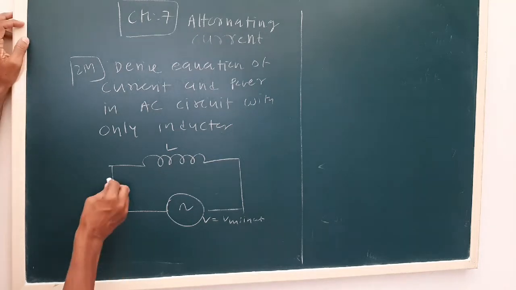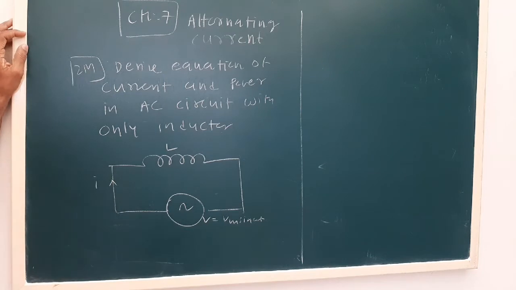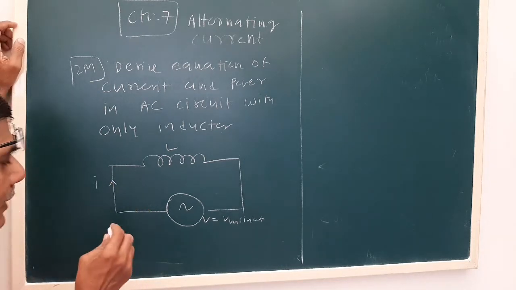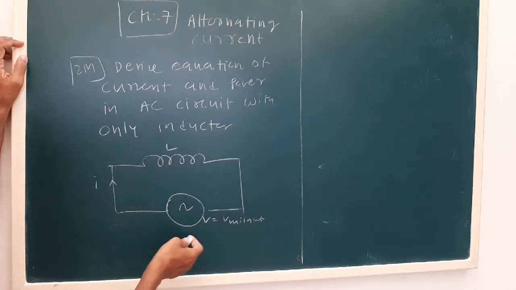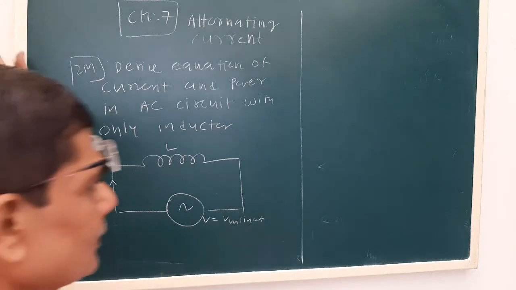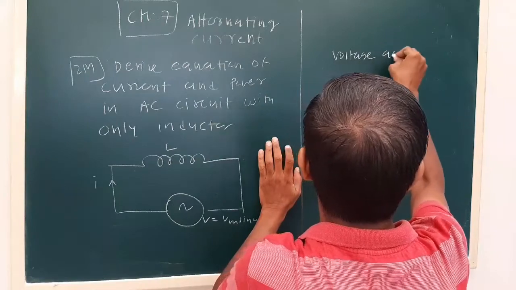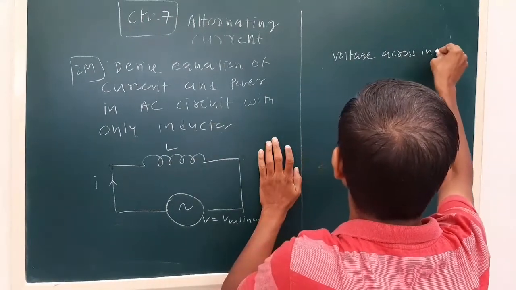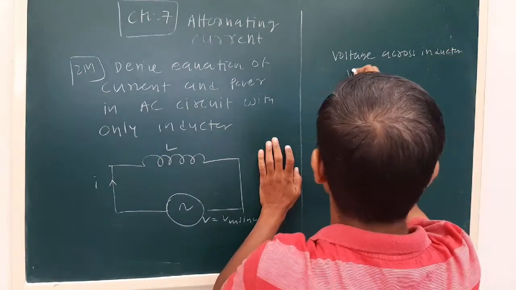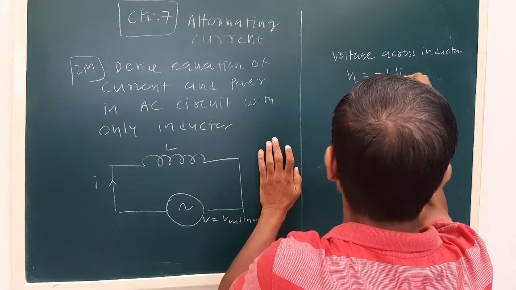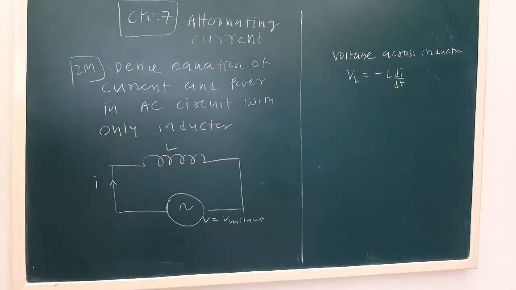Now see the current, the instantaneous current is I. Now see the equation of the circuit at any instant. See the voltage across the inductor. Inductor is electrical inertia.